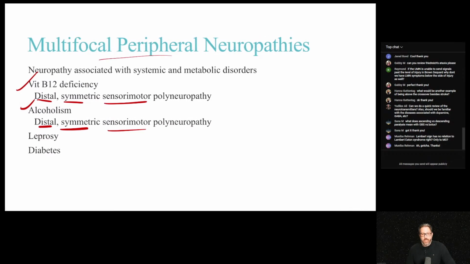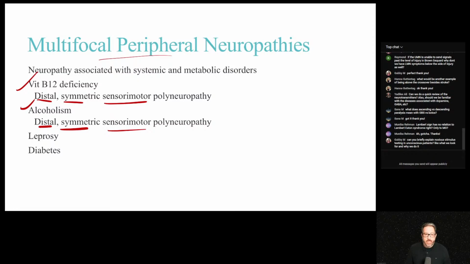Multifocal peripheral neuropathies. Obviously, there's going to be different parts of the whole body. So it's not just one nerve that got pinched, like carpal tunnel. You have multiple. So whenever you have multiple peripheral neuropathies, multifocal, there's got to be some sort of systemic problem going on that causes all the nerves to go damaged.